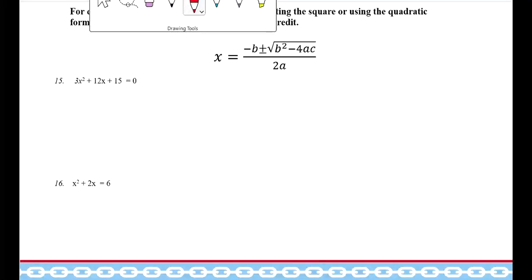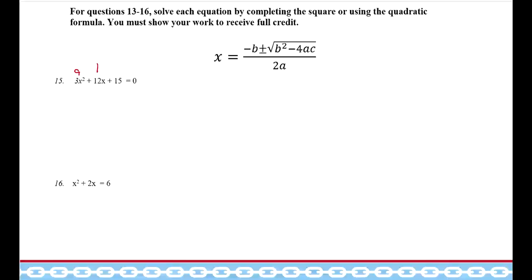Definitely going to go with quadratic formula here. So label my A, my B, my C. Difference here is we have an A value other than 1, which is fine. We just have a little bit more multiplying to do. Right? So my denominator is going to be 2 times 3.